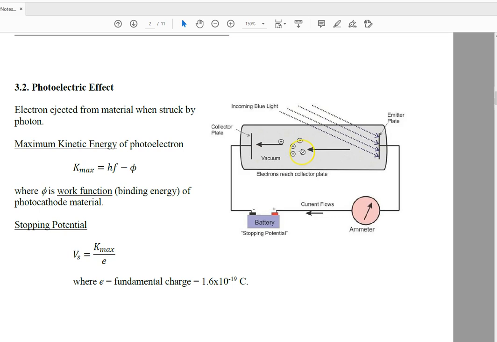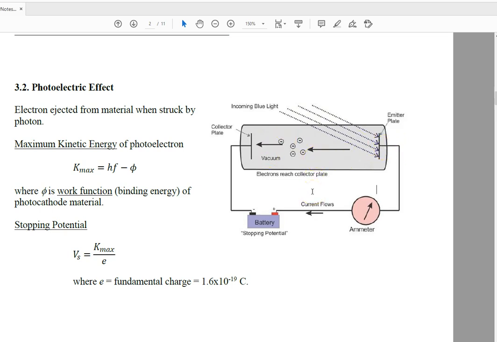Now, if you remember, electrons are negatively charged particles. They will speed up going from low to high voltage. So in this configuration, they're going to be slowed down by this voltage difference. There's an electric field that points to the left from the emitter plate to the collector plate. That electric field exerts an electric force on the electrons in the opposite direction since they're negatively charged. And that braking force is going to slow down these electrons.